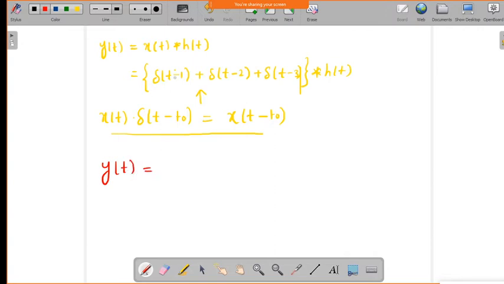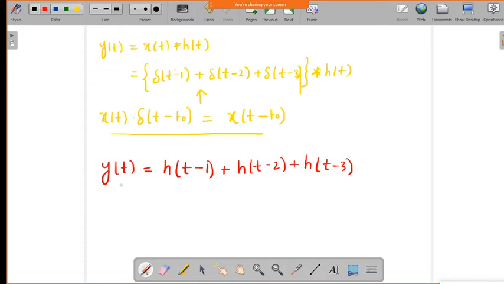Now it is shifted by 1 unit. If you convolve this, you will get the time shifted impulse response, that is h of t minus 1, and similarly h of t minus 2 and h of t minus 3.